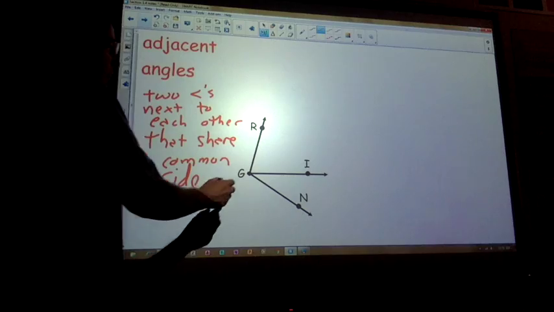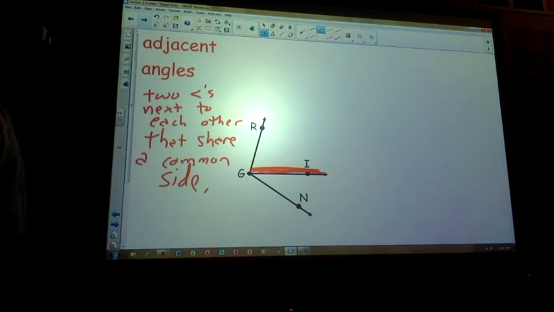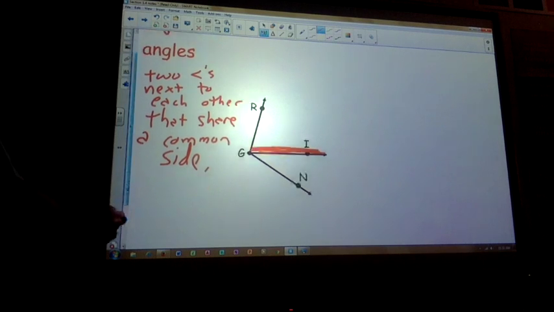Yeah, this is my common side right here. Okay, so that means that angle RGI and angle IGN, they are adjacent angles. They are next to each other. They share a common side, or a common ray, or common segment. I think that's all the notes I have. Feeling all right? Moving on. Make sure there's nothing left to find on here. Nope.